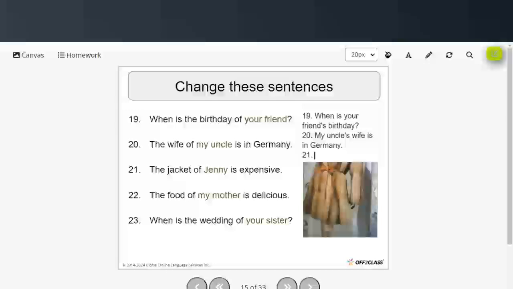The food of my mother is delicious should be my mother's food is delicious. And when is the wedding of your sister should be when is your sister's wedding.